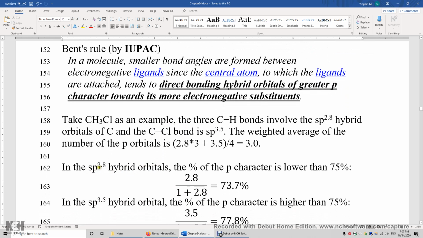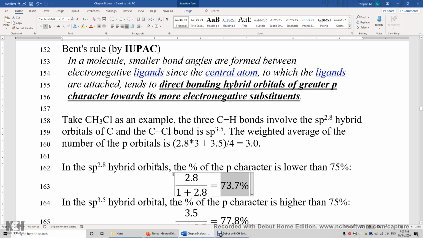In the sp2.8 hybrid orbital, the percentage of the p character is 2.8 over 1 plus 2.8. So this is s to the power 1, 1 plus 2.8. The percentage is 73.7%.